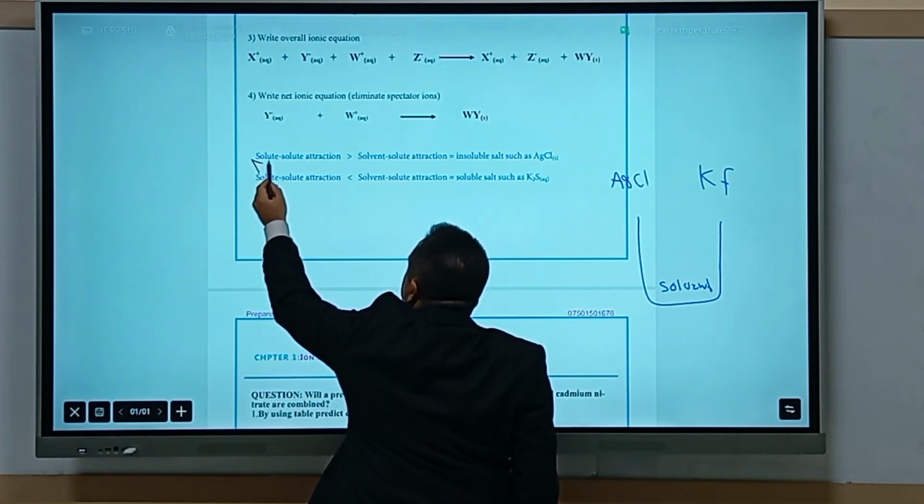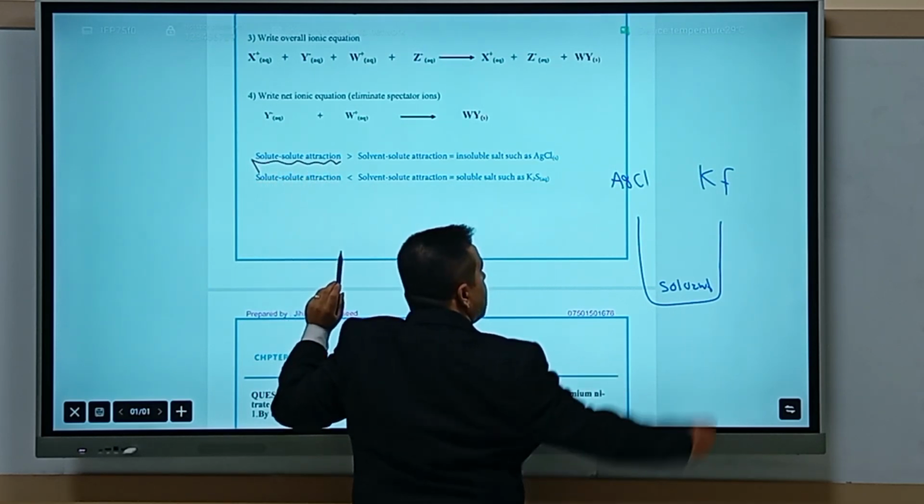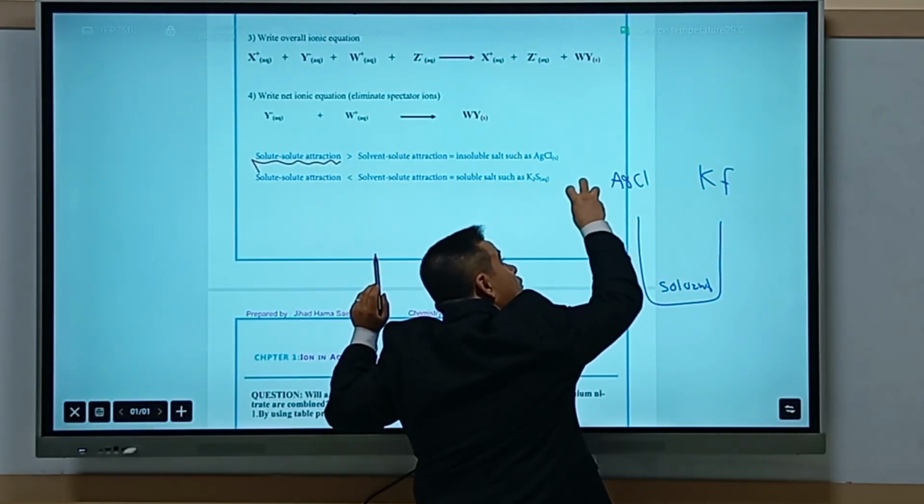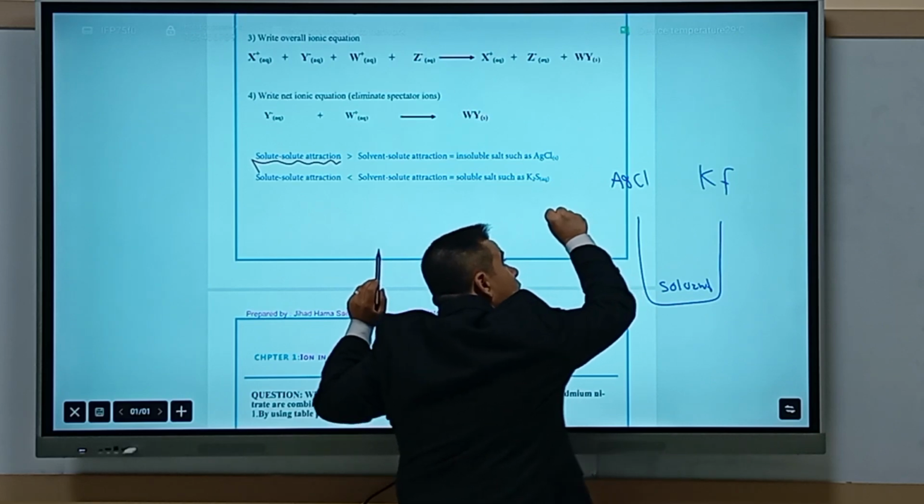The first we call the solute-solute attraction. Solute-solute attraction exists between the molecules of the solute, the ions.